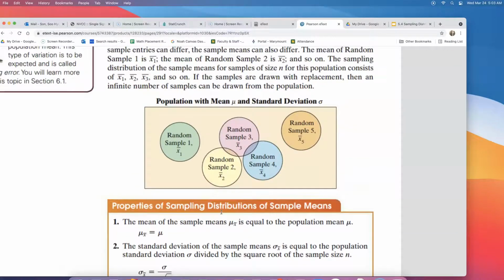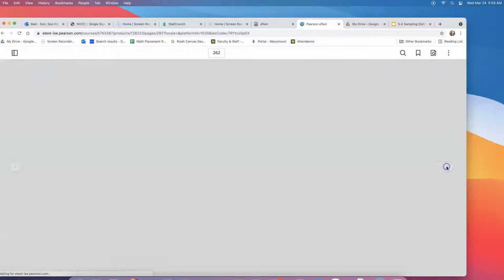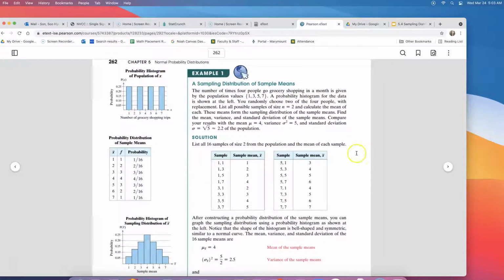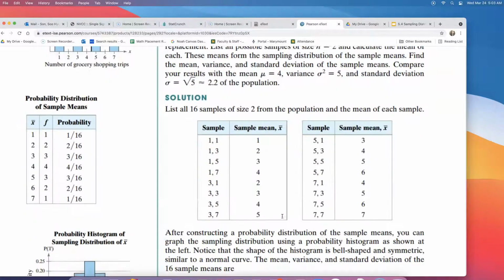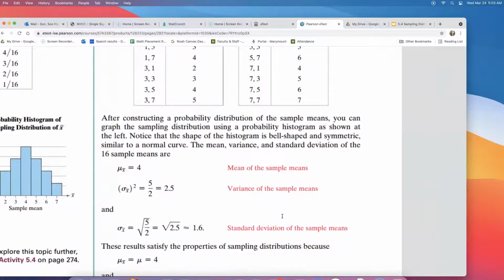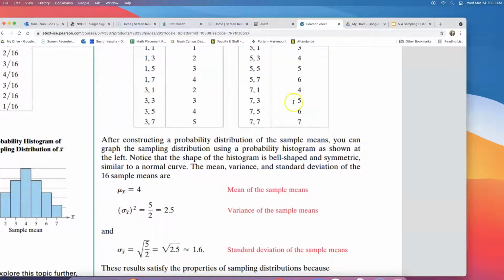So let me see what the example was about. I think you mentioned example number 1. Okay, so in this example number 1, I see. So right here in this section, after constructing a probability distribution of sample means, which means not this table, that is just everything listed.